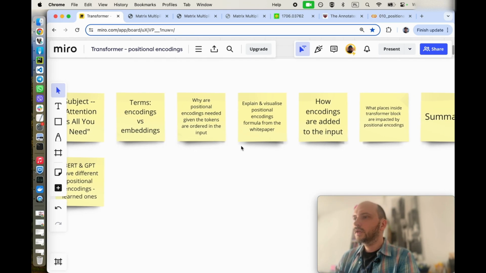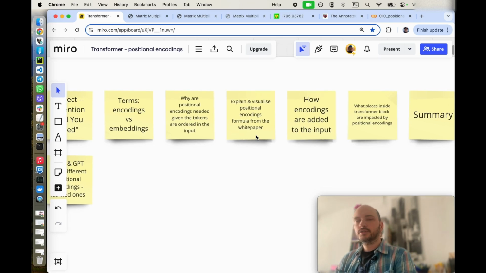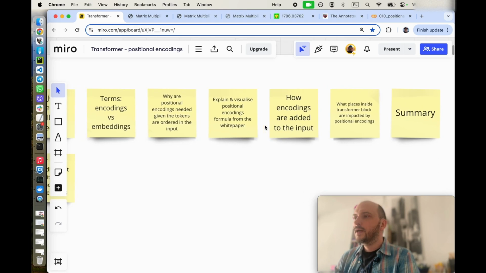Then I will explain and visualize the positional encodings formula: what is the intuition behind it, and what it looks like. There are some visualizations on the internet that I found, but they were not good enough to build intuition, at least for myself, so I hope this will be helpful for you also.